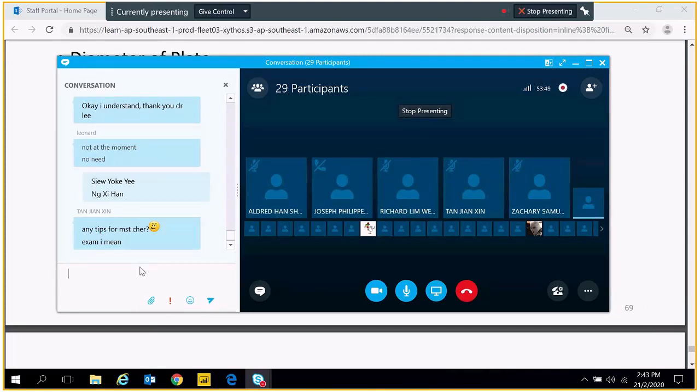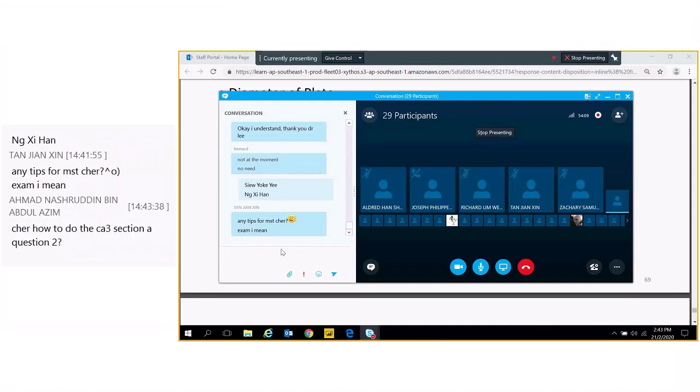Except that I mentioned that there will be 6 short questions. Each short question is 10 marks. Now for the short questions, focus on the calculation part. The calculation is important. I mentioned this morning about pipes connected in series, pipes connected in parallel.